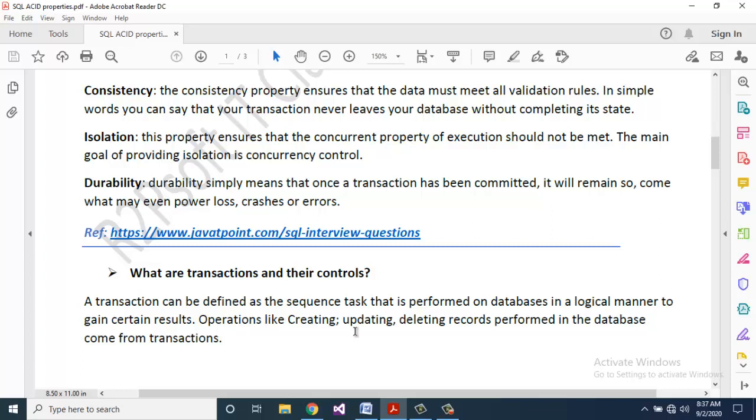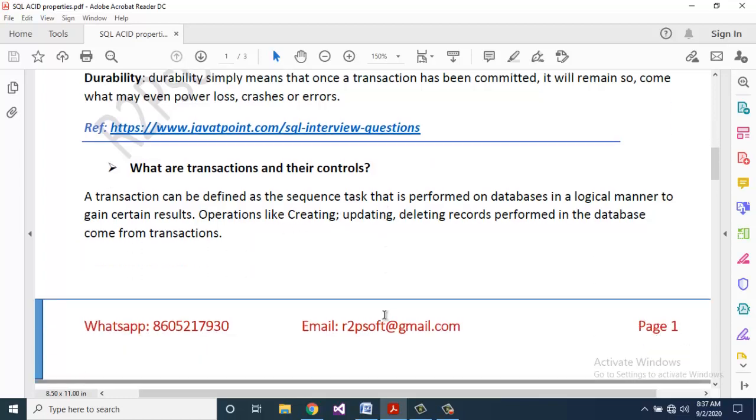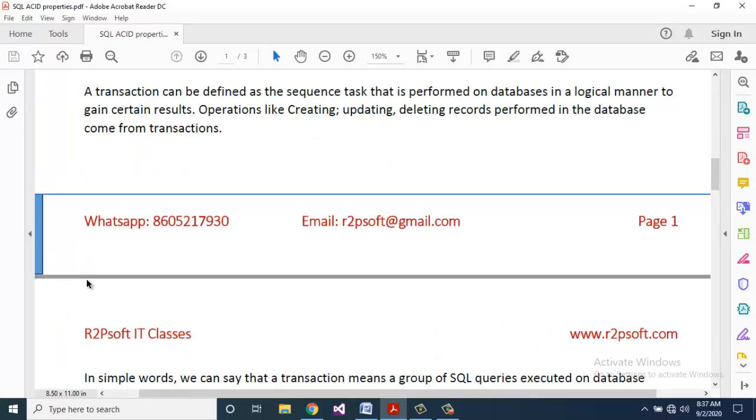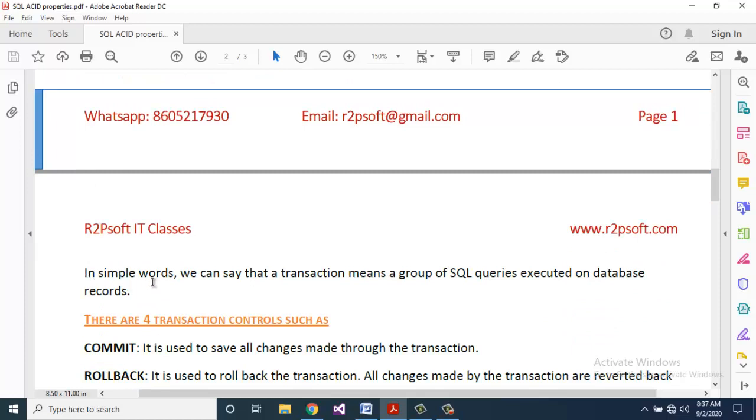Operations like creating, updating, deleting records performed in database come from transactions. In simple words, we can say that a transaction means a group of SQL queries executed on database records.